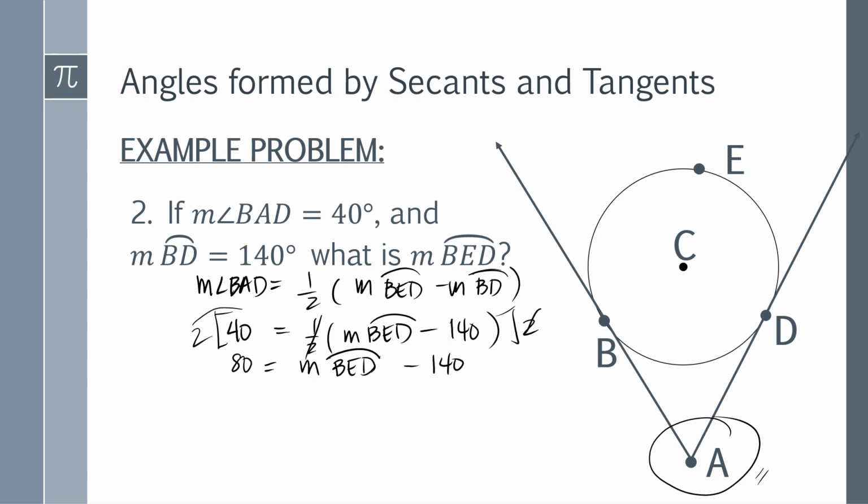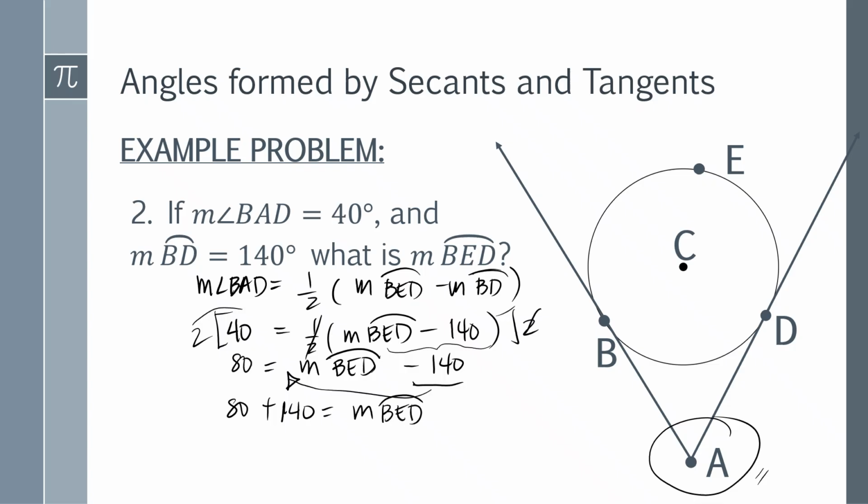Remember, whenever you remove 1/2, you have to rewrite what's in the parentheses. So to find the measure of major arc BED, you have to transpose the negative 140 to the other side. So this is 80 plus 140 equals the measure of the major arc BED.